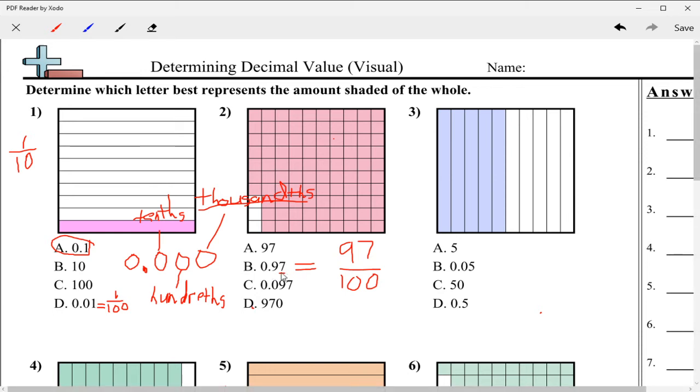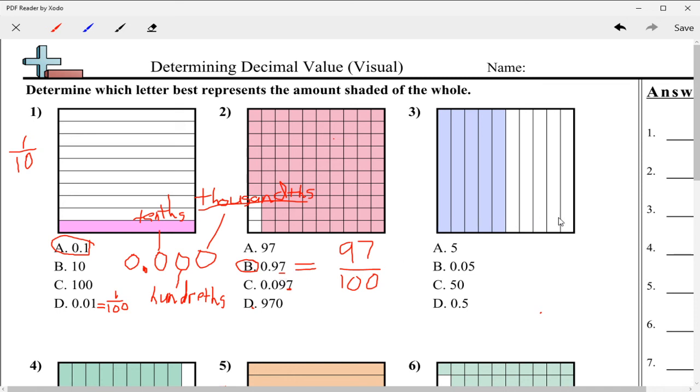So since this 7 is the number most to the right, that means that we would say this is 97 hundredths. Now in this one, the 7, the number most to the right, is in the thousandths column. So that means that this number, C, would be called 97 thousandths. Okay? So the answer is B, because it's 97 hundredths, and the reason it's called 97 hundredths is because the 7 is in the hundredths column.